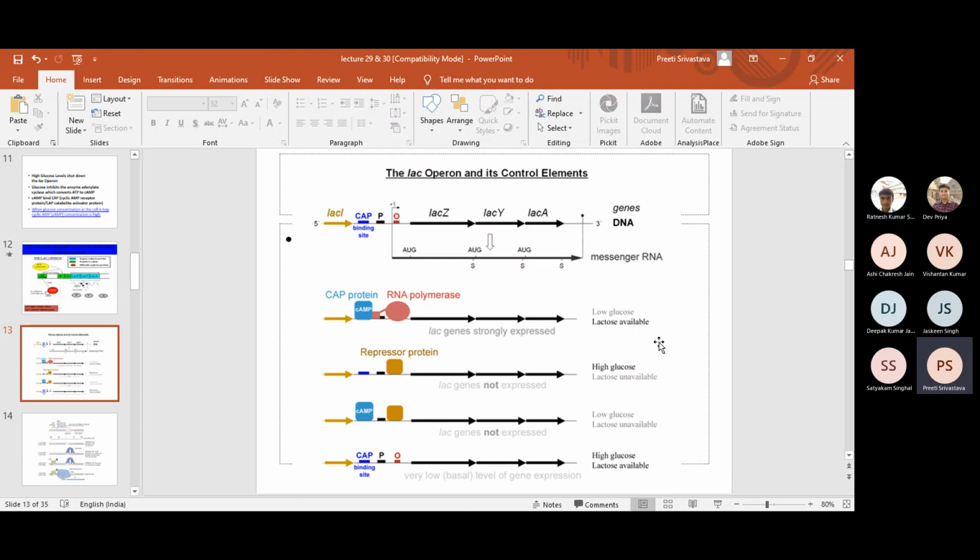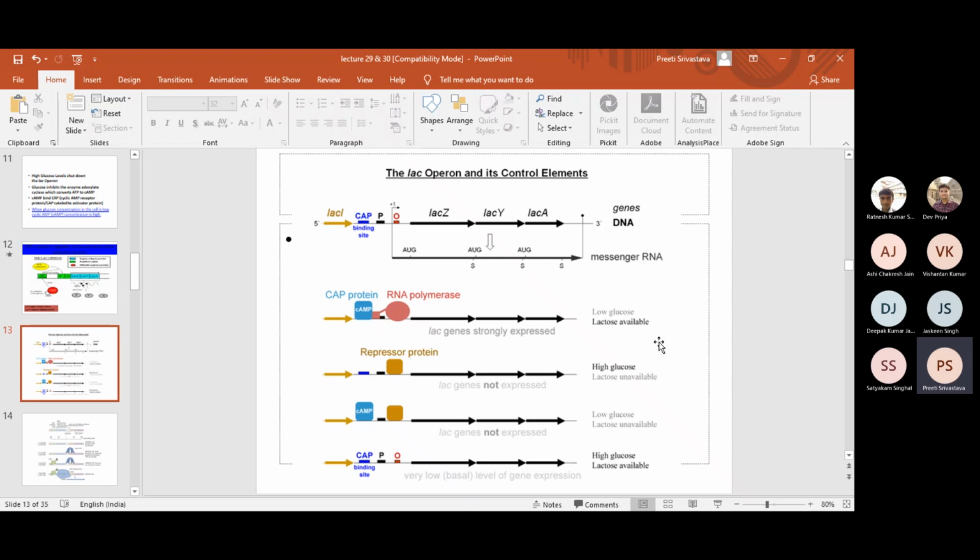So when you have low glucose, class, as we discussed, the CAP protein or cyclic AMP receptor protein will bind, because in low glucose you have high cyclic AMP, correct? And high cyclic AMP will make a functional CRP or CAP, and it will increase the affinity of RNA polymerase, and therefore lac genes are strongly expressed.